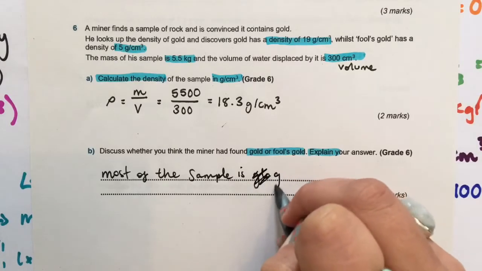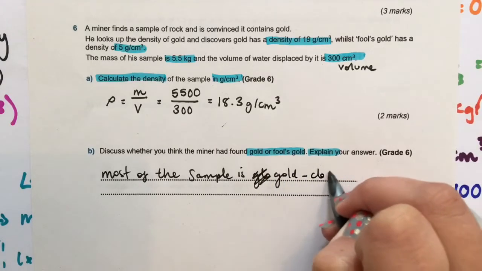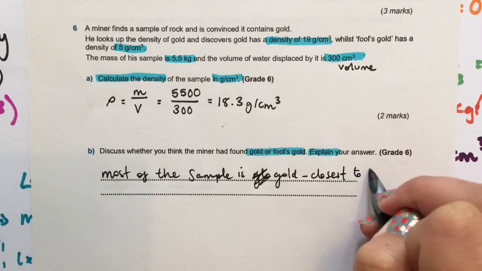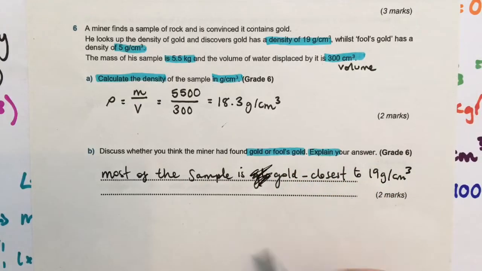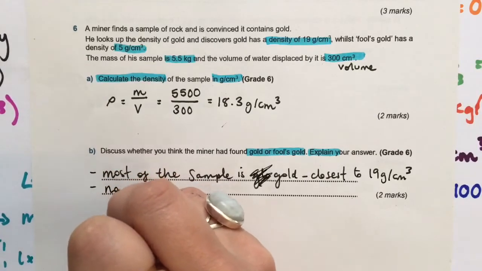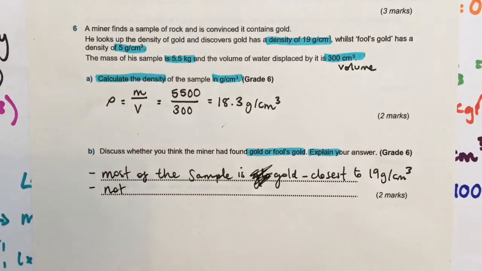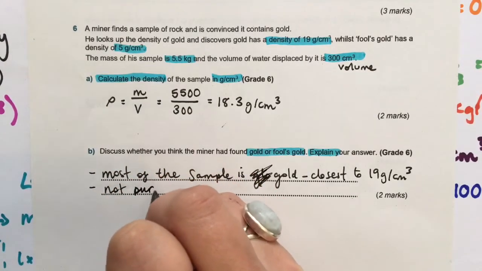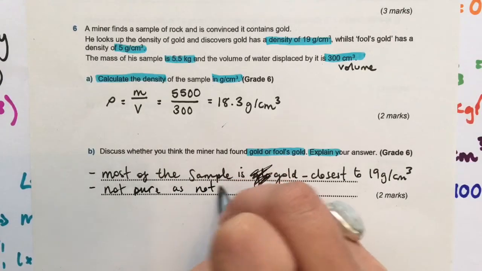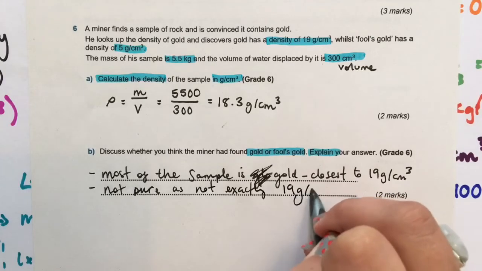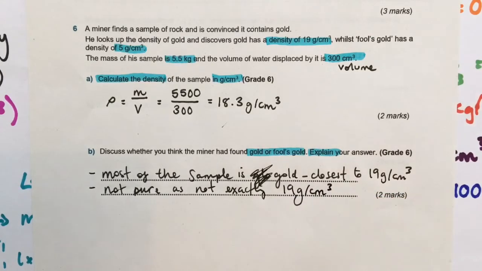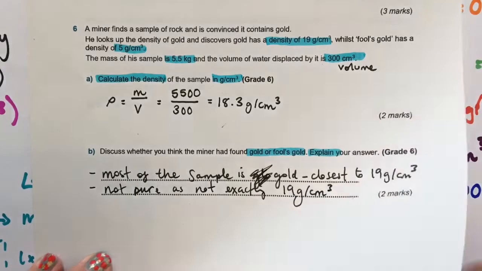Gold, because it is closest to 19 grams per centimetre cubed. But the fact that it's not exactly 19 tells us that it's not pure. Okay.